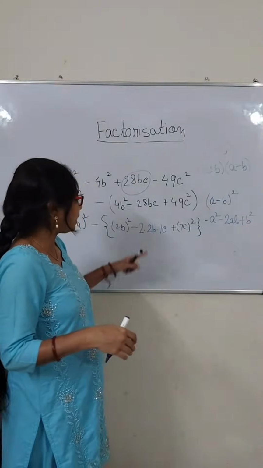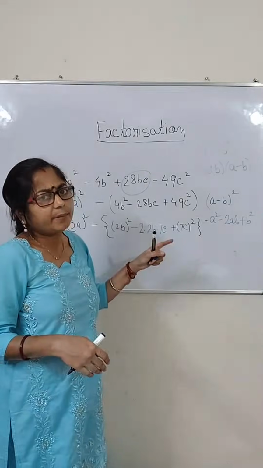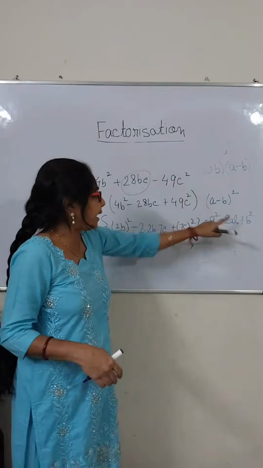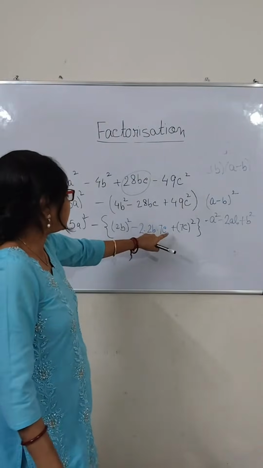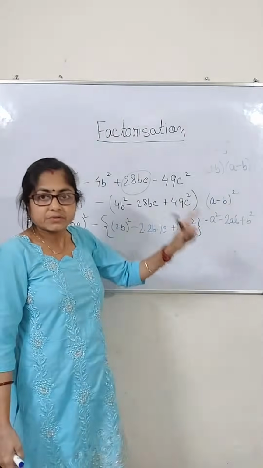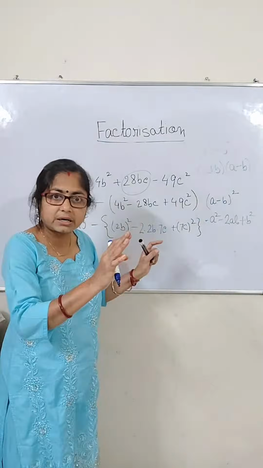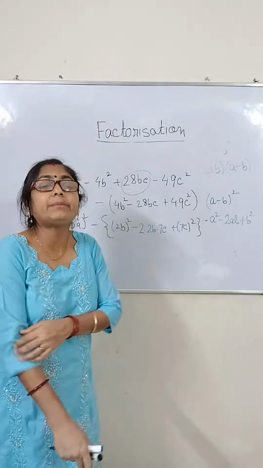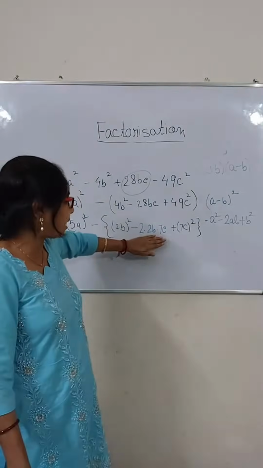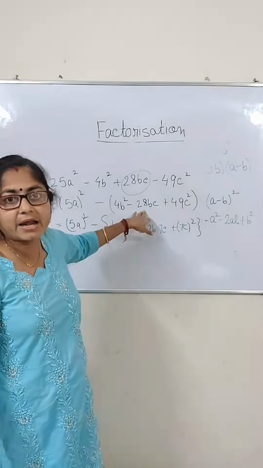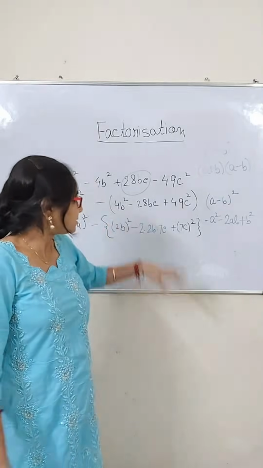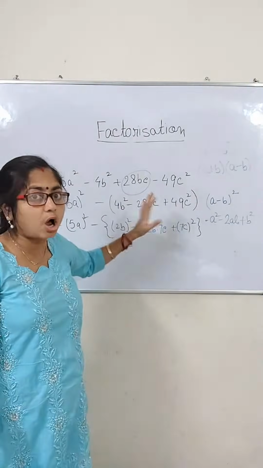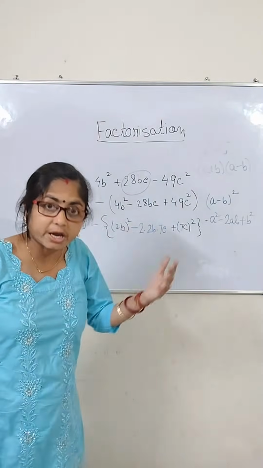I just break it: 2a, a means here 2b, and b is 7, so I write 7c. Clear everybody? At that time you must check it. If the multiplications are the same, your math is okay; if not the same, then you recheck it.